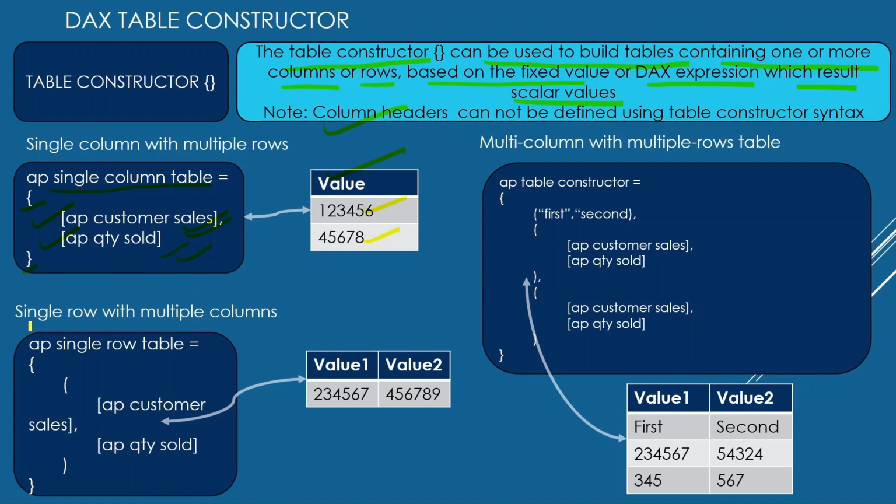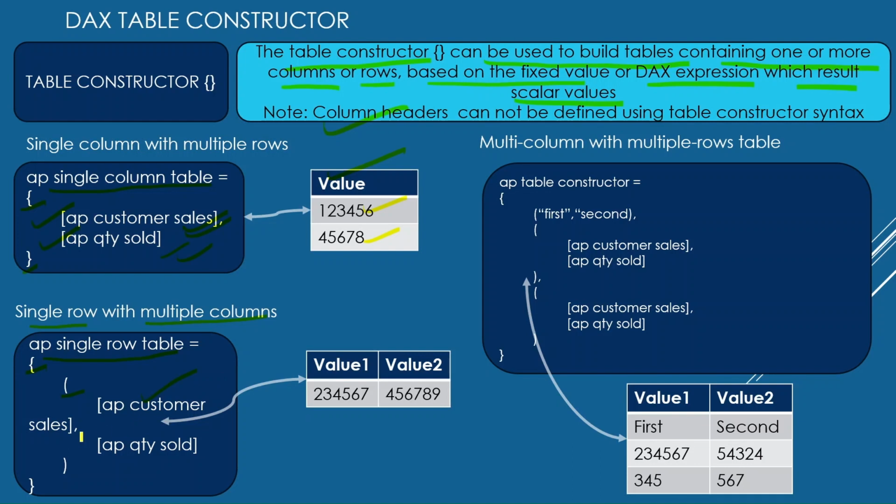Now let's discuss single row and multiple columns. So how are we going to define it? This is the name of the table, and these are the curly braces. In these curly braces, we need to give a small bracket, and in this small bracket we need to give a static value or an expression which results in a single scalar value.